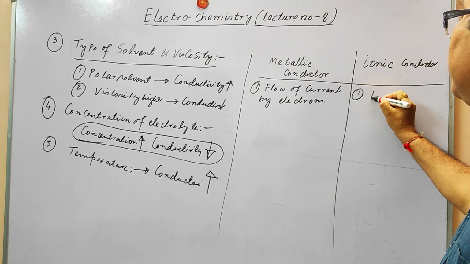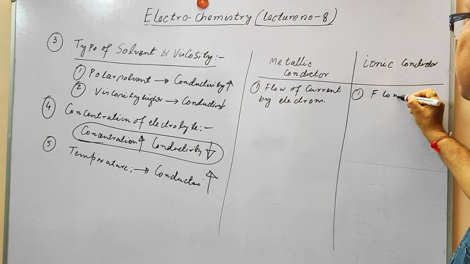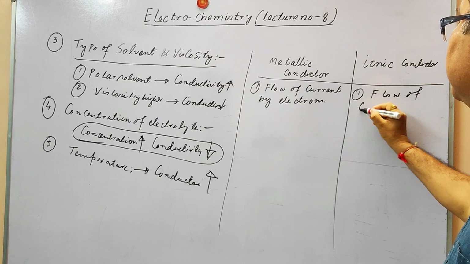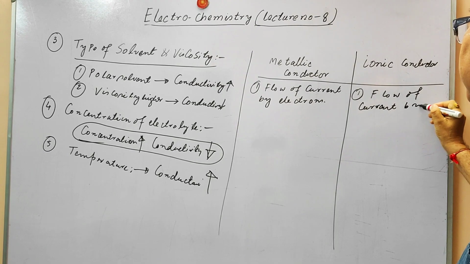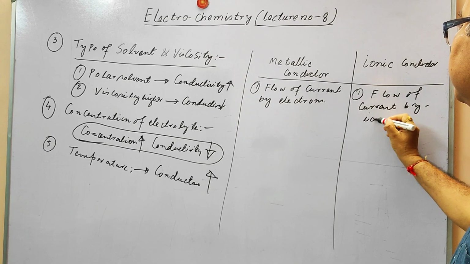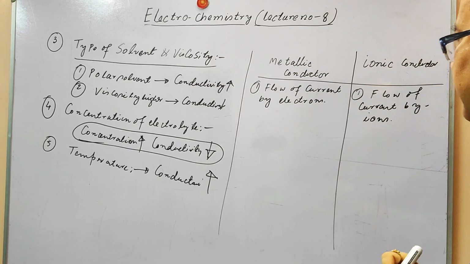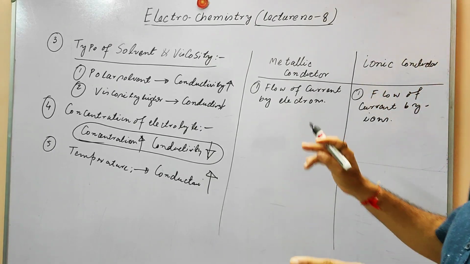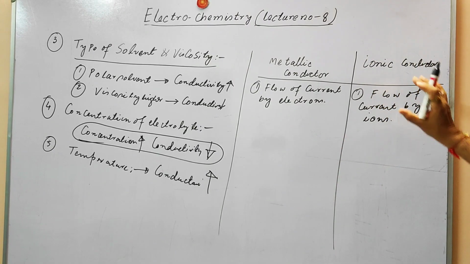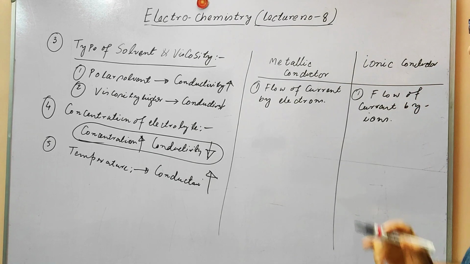Here, the flow of current is by ions, cations or anions. Cations go to the cathode, anions go to the anode, which we will discuss in detail later on. In brief, the flow of current is by ions in the ionic conductors.